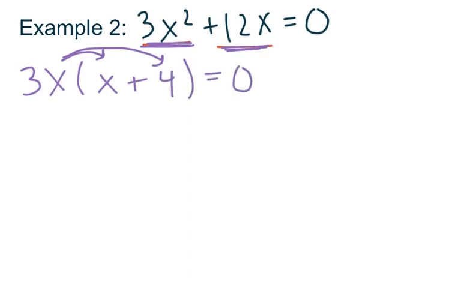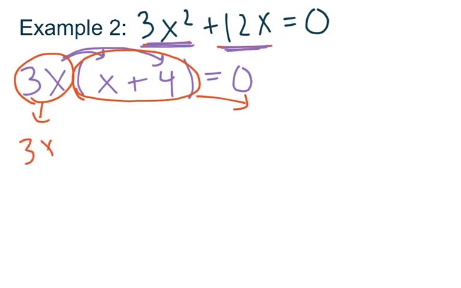Okay. Now we're in a place to do the zero product property. So we're going to set each part equal to 0. 3x being one of those parts, x plus 4 being the other. So over here on the left, we're going to write 3x equals 0. And over here on the right, we're going to write x plus 4 equals 0.